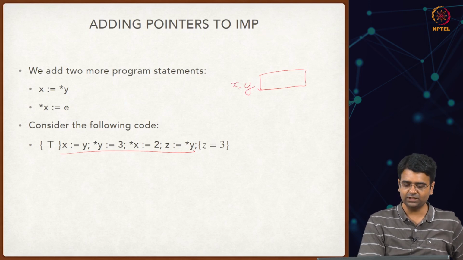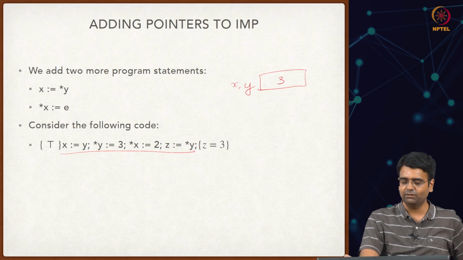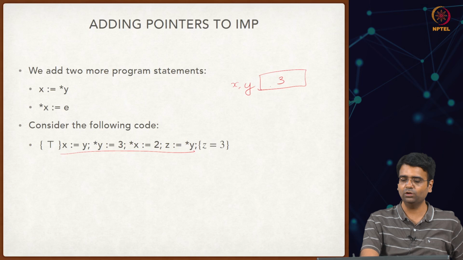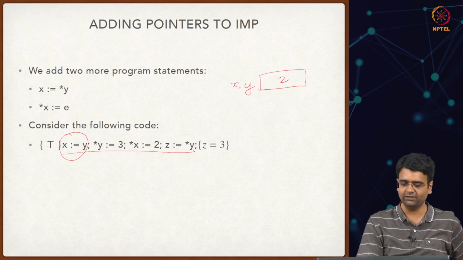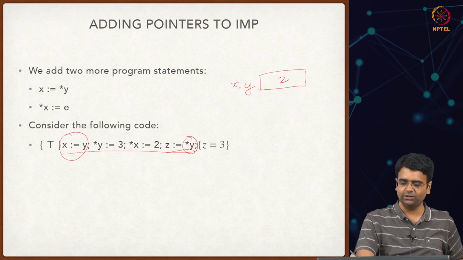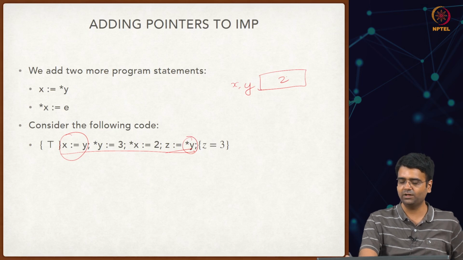Now when you do *y is equal to 3, the value 3 is written into this particular memory cell, and when you do *x is equal to 2, since x points to the same location as y, because you did x equal to y, this value is going to be overwritten by 2. So when you do z is equal to *y, you are dereferencing the value stored at this memory location, but that value has now changed to 2.